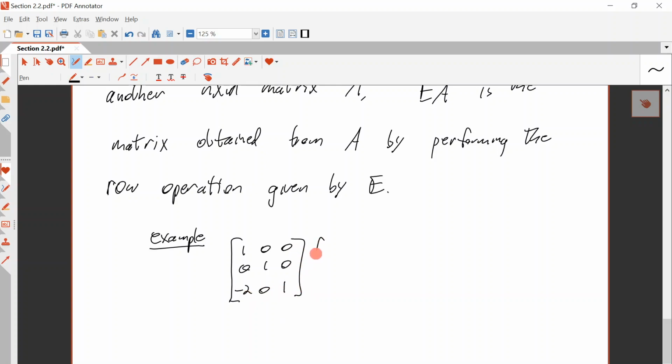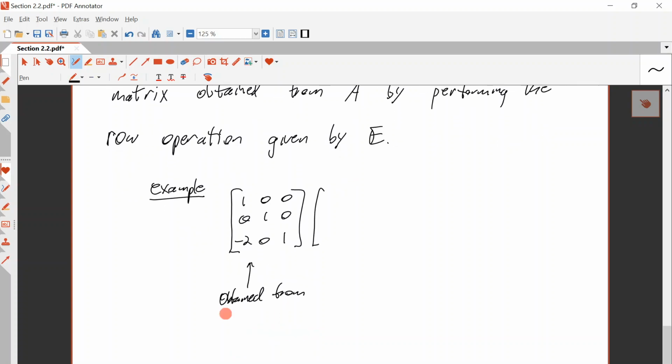So this is the elementary matrix obtained from I3 by row 3 minus 2 row 1.